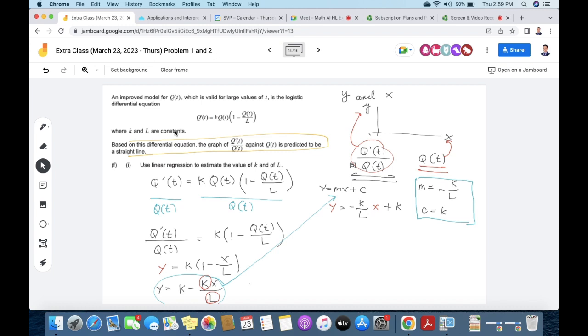Clear so far? Can we proceed? Or do you have anything that you would want me to clarify?